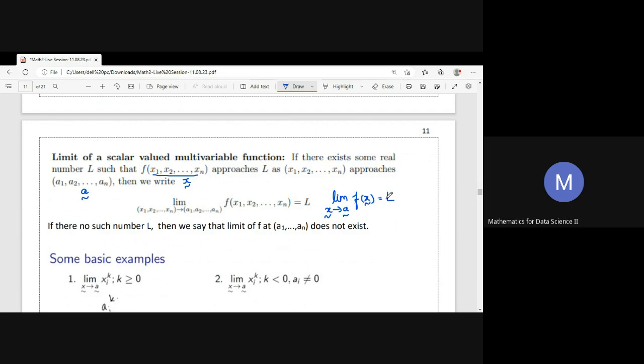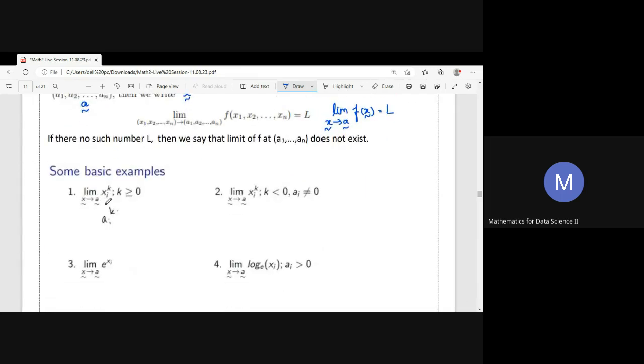You see the limit is now a number. Even though you have a function of n variables, the limit of this function is a number. If there is no such number, then we say that the limit at this particular vector does not exist.